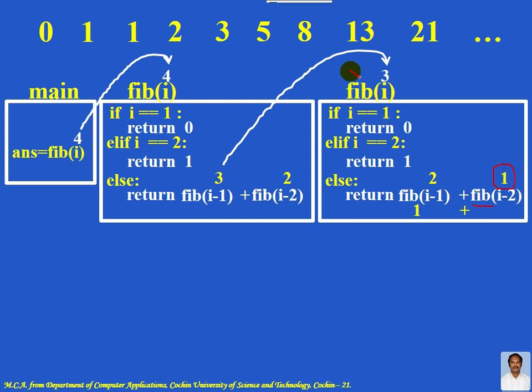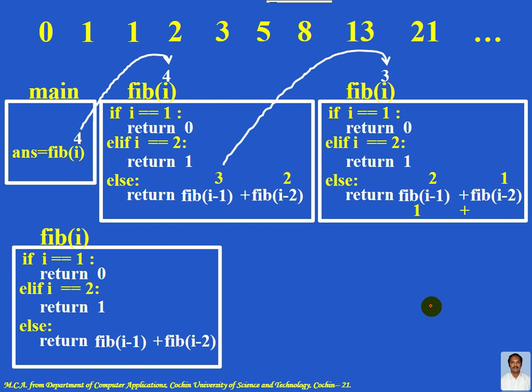Remember, the same function is called, and for your understanding, let me type it again. And here the argument passed is 1. So here 1 is passed to this function. So your variable I contains 1.